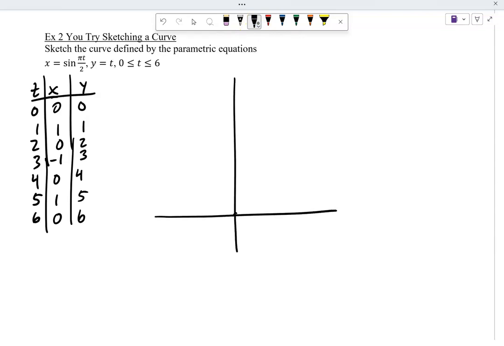My initial point is 0, 0 right here. I'm going to start right there when t is 0, and then I'm going to go to 1, 1, and then 0, 2, and then -1, 3, 0, 4, 1, 5, 0, 6.